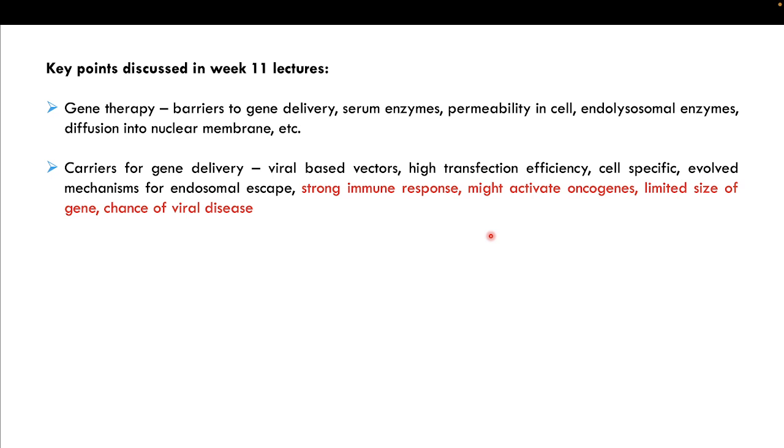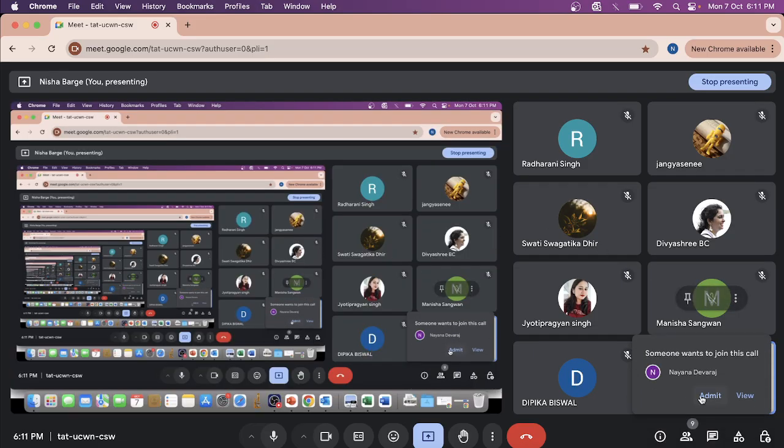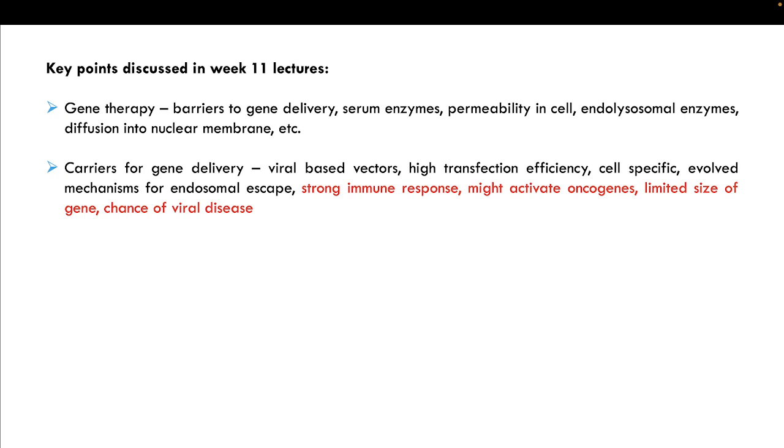So it will not cause any disease because you have deleted the genes responsible for causing the disease. But you have put your own gene there, whichever you want, and that will then lead to the protein which was missing from the patient's body. So this is one approach for doing gene therapy.